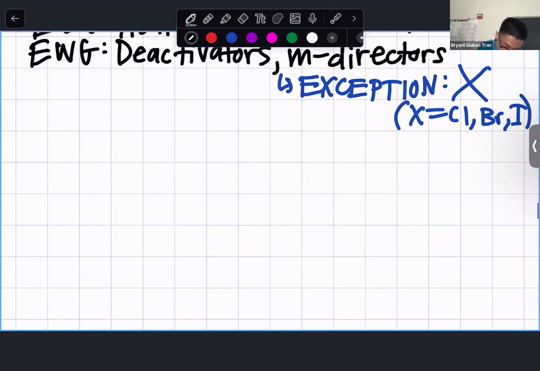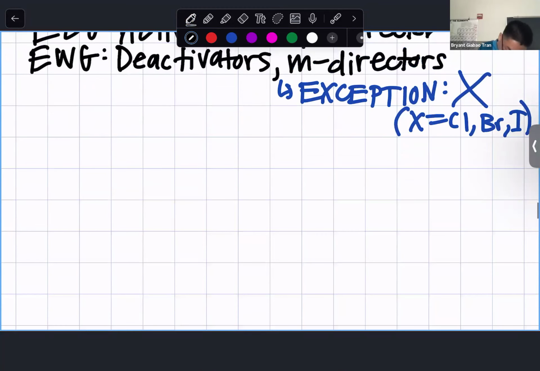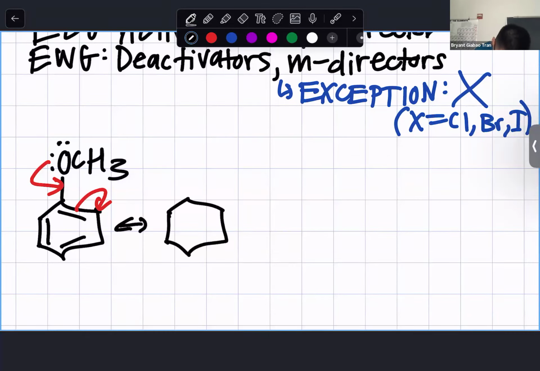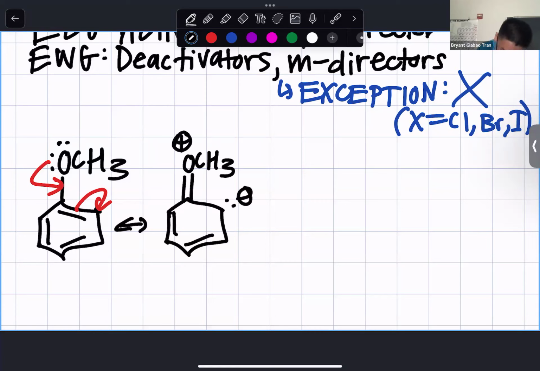Where let's say we have this benzene ring here with this EDG here, right? I'm going to draw out all the resonance structures. I push that lone pair down to make a double bond there. This double bond moves as a lone pair on that carbon.